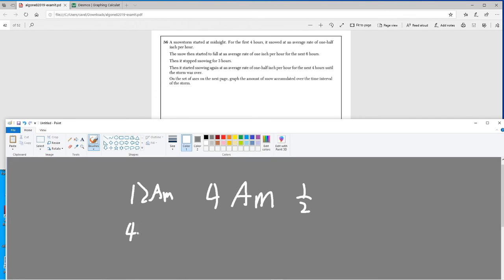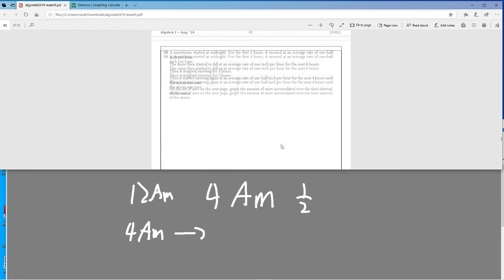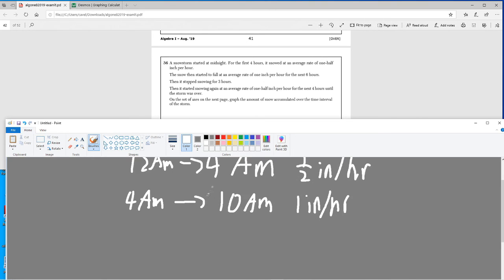The snow then started to fall at an average rate of 1 inch per hour for the next 6 hours. So 4 a.m. to 10 a.m. It is 1x, 1 inch per hour. And then it stops snowing for 3 hours, so 10 a.m. to 1 p.m. is 0, because it stopped.